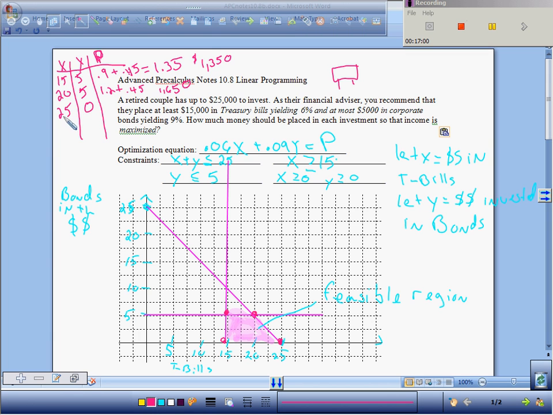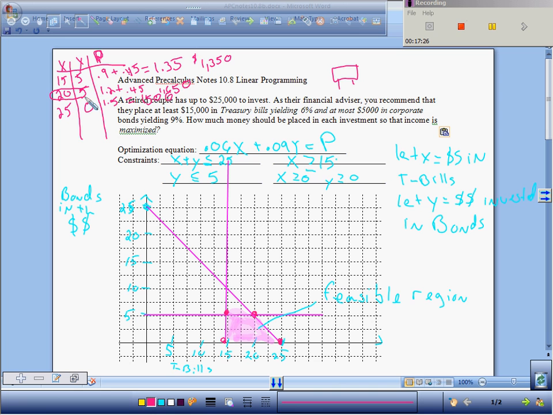Am I doing that right? And this point here gives you 25 times 0.06, which is 1.5, which would be $1,500. This is not very good. Okay, so which is the best point to use?